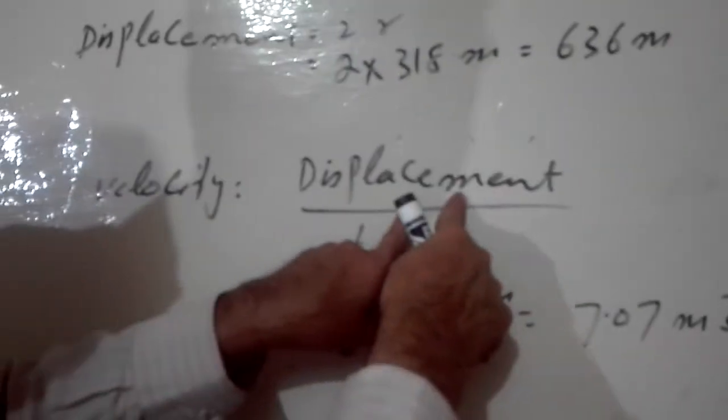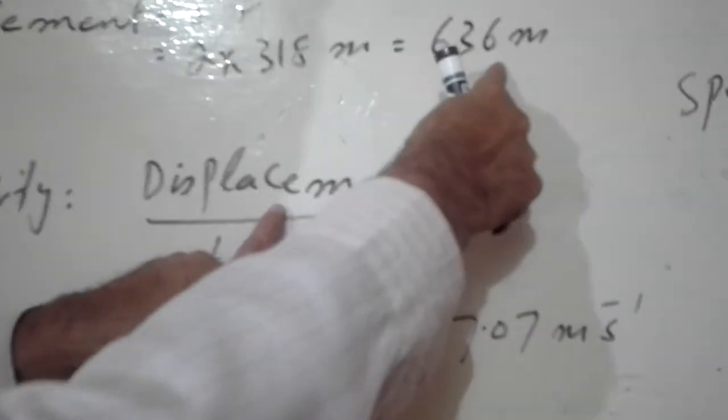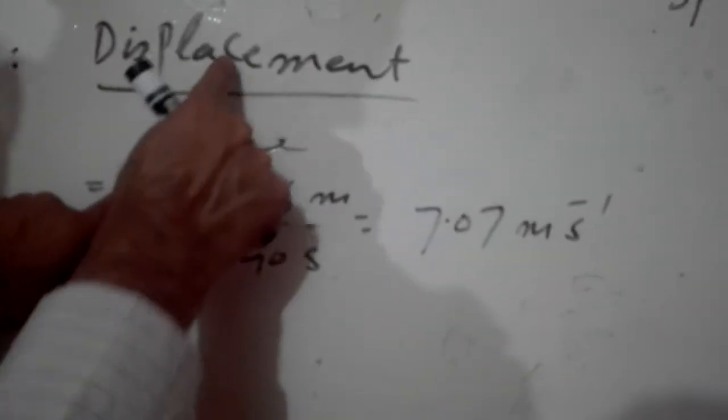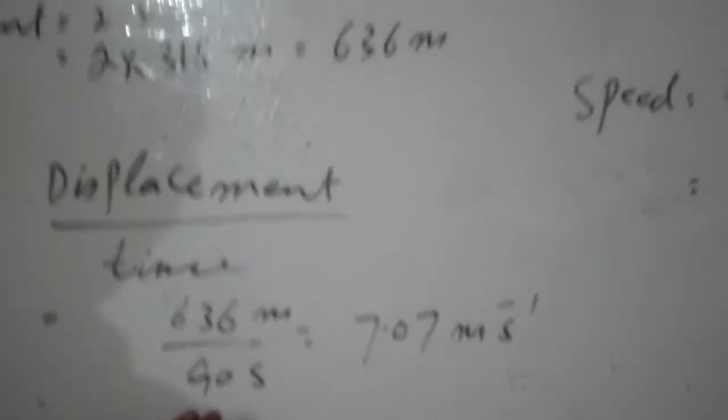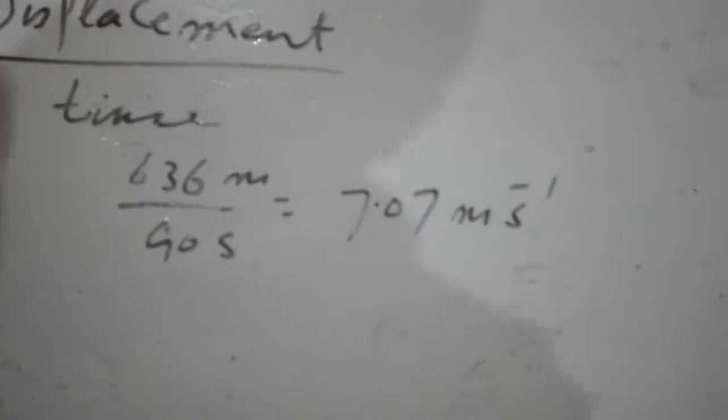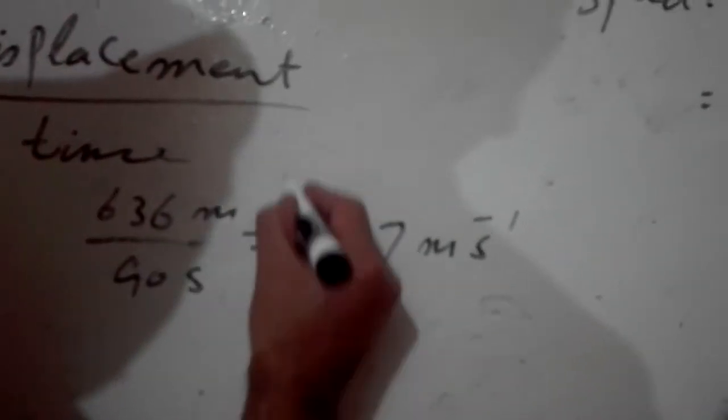Now second, you have to find the velocity. Can we find the velocity by dividing the distance? No. To find the velocity, I need displacement. Here is my displacement, 636 meter. Again, I write the value of displacement, 636 meter, and divide with the same value of time, and then I will get 7.07 meter per second.